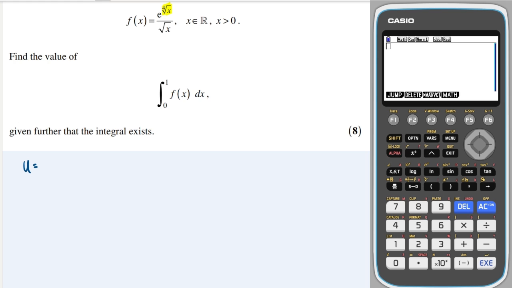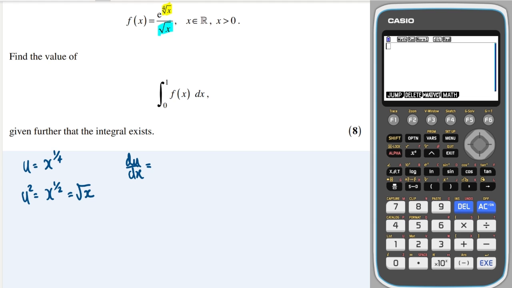And let's say that u is equal to x to the quarter, and we can square that, which will give me x to the half, which is of course root x. So this is where we're going to get this double substitution here. Lovely.